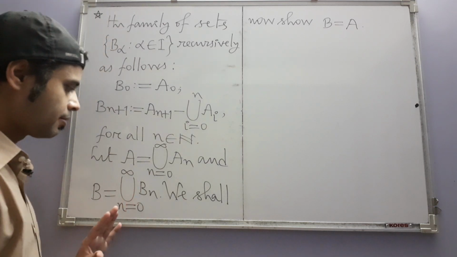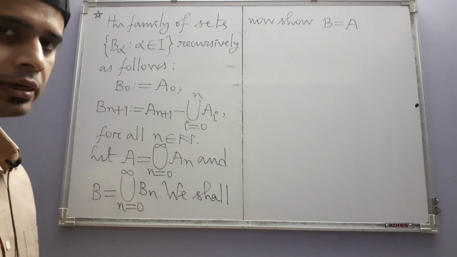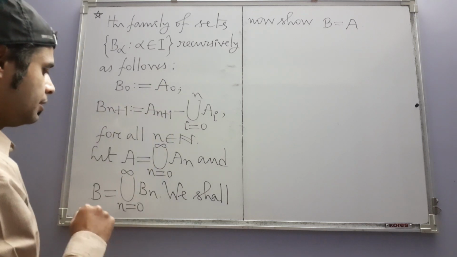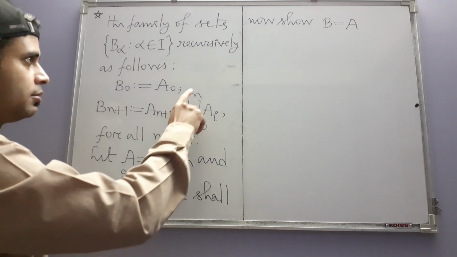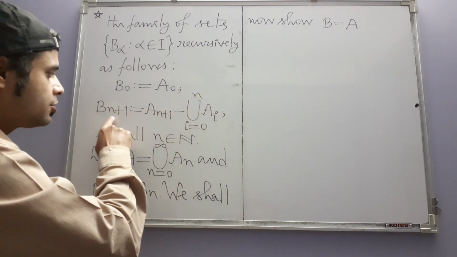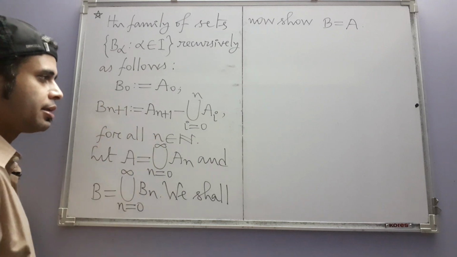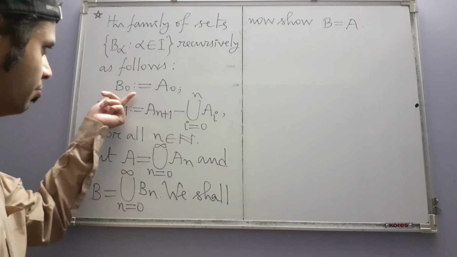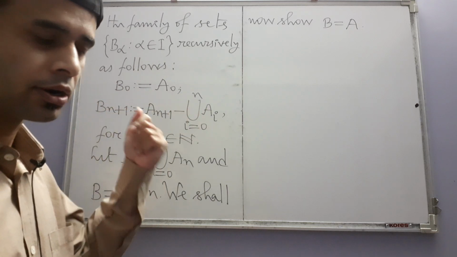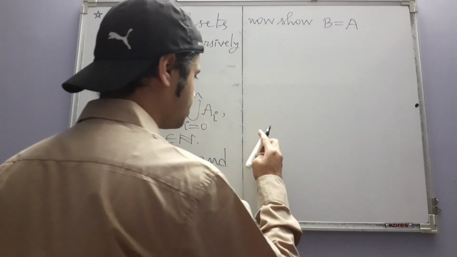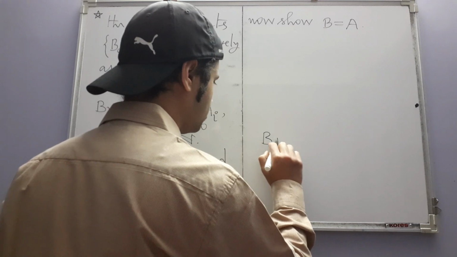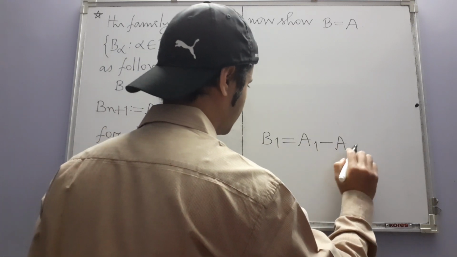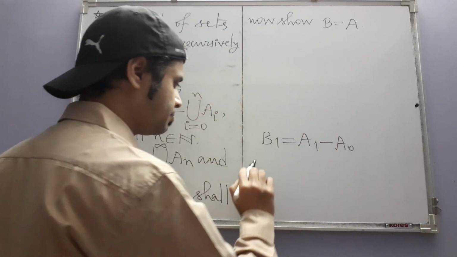Okay. Now B is equal to A. We can immediately see one thing from the definition of the Bn's: each Bn actually is a subset of An. You see, B0, of course, is equal to A0. What is B1? B1 is A1 minus A0, the difference.